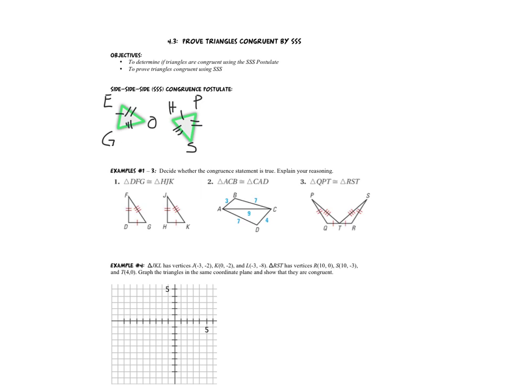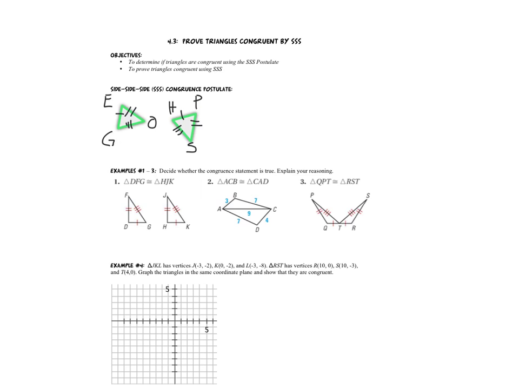If I have the 3 sides of one triangle congruent to 3 sides of a second triangle, then automatically I would know that the triangles are congruent. I don't care if the angles are or aren't. I would just know, yes, they are, and then I would write my congruency statement, making sure that I'm very consistent with my corresponding parts.